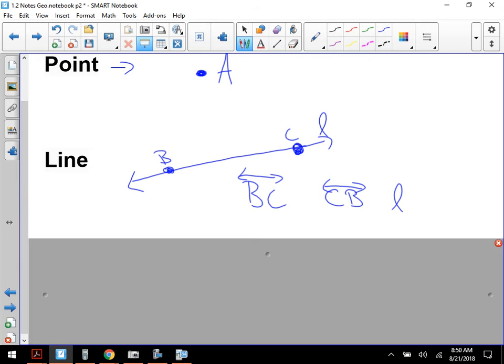A plane is a flat surface that extends in all directions. Okay, so if you think of your desktop, that's a flat surface, isn't it? So if your desktop extended in all directions, that means it would move north infinitely, it would move east infinitely, move south infinitely, move west infinitely. That's what would be considered a plane.